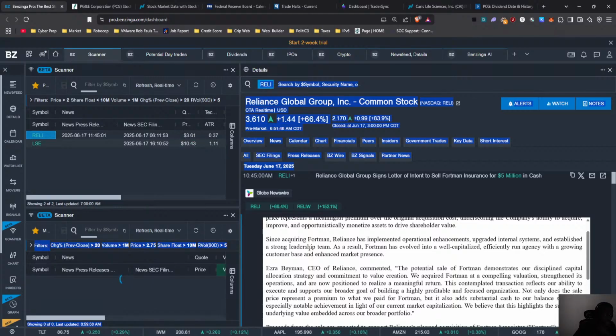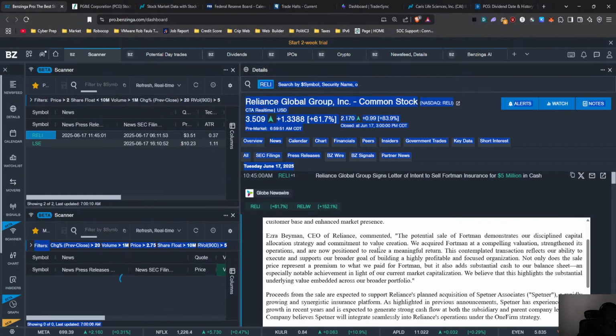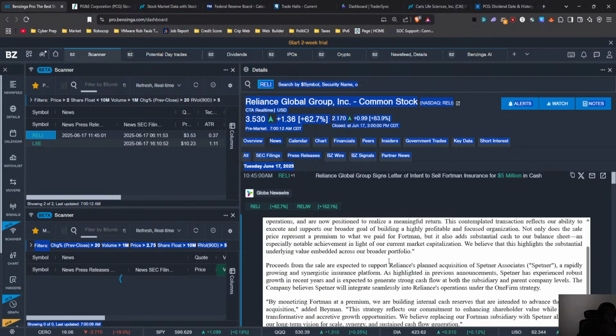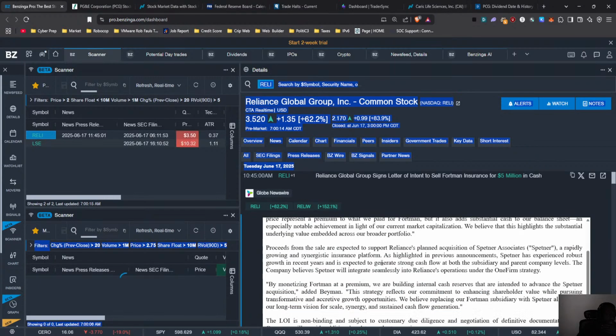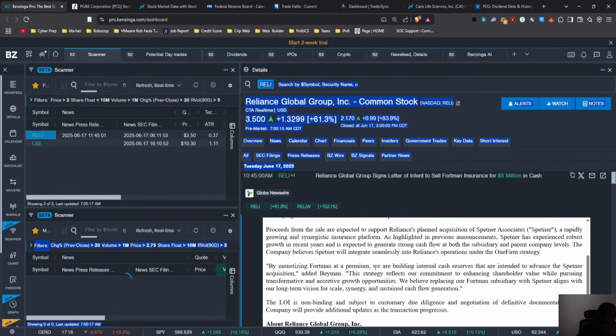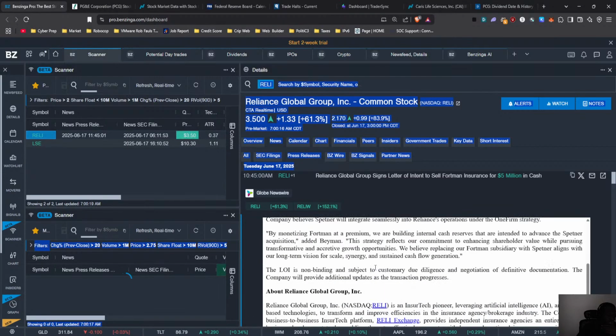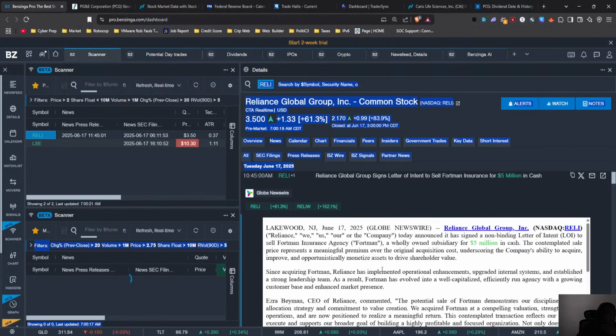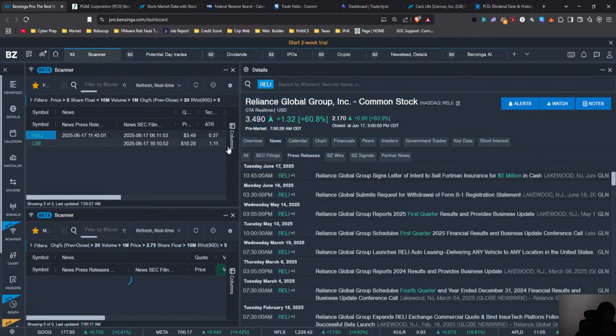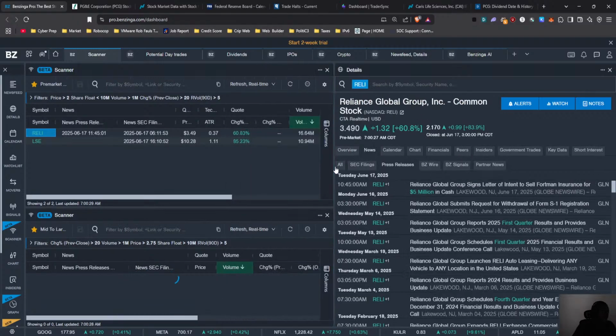All right, so since acquiring Fortman, Reliance has implemented operational enhancements, upgraded the internal systems, all of this stuff that they did, but they're ready to sell it now. Okay. Are they talking any money values down here? No, they are not talking any money values. Okay. So it's a letter of intent. Possibly what they'll sell it for is $5 million.